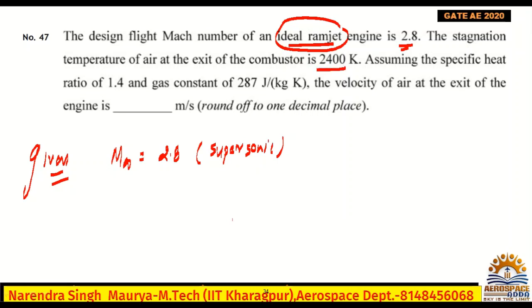Assuming the specific heat ratio gamma is 1.4, and the characteristic gas constant R is 287 joule per kg Kelvin. Okay, the velocity of air at the exit of the engine, VE, we need to calculate.